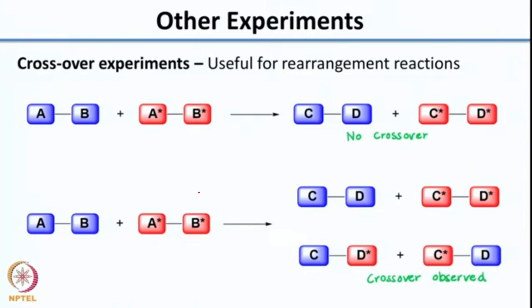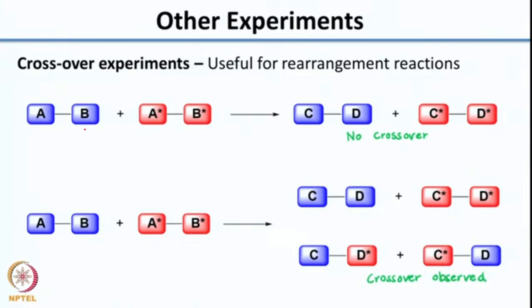Now, talking about the crossover experiment. This is mainly useful in rearrangement reactions. So here we suppose we have A, B and A star, B star as our reactant. Suppose we have our reactant.